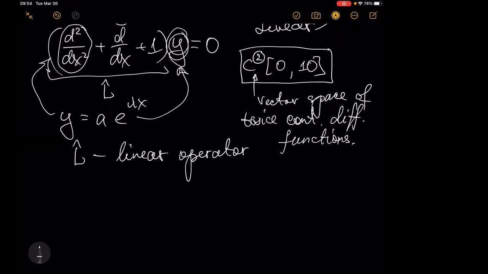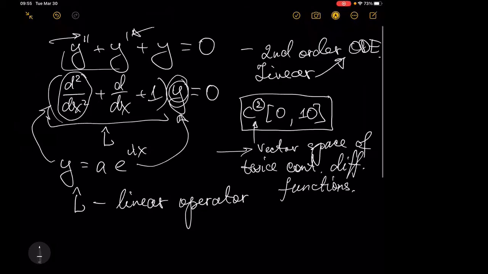Why? Because we consider y belonging to the vector space of twice continuously differentiable functions. It means that the second derivative exists and is continuous.